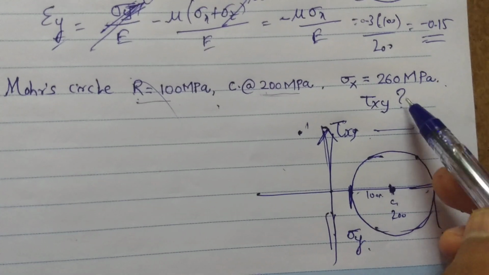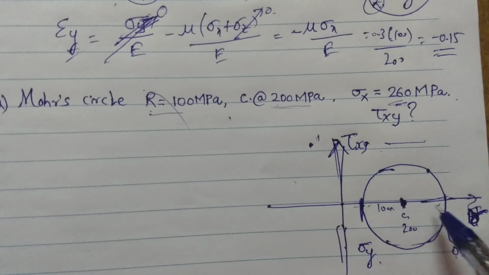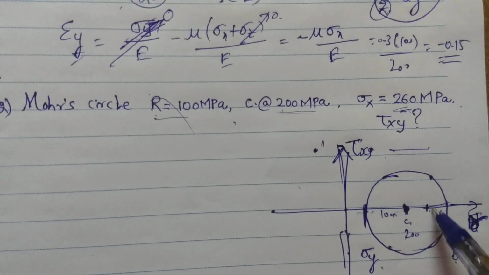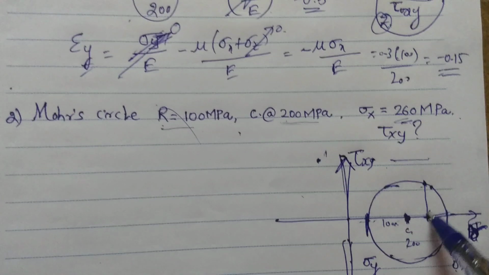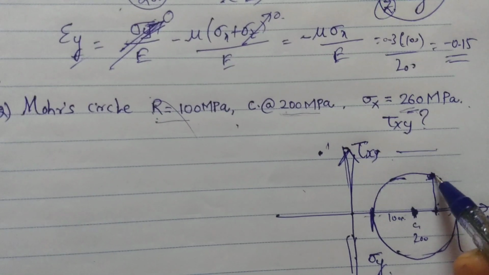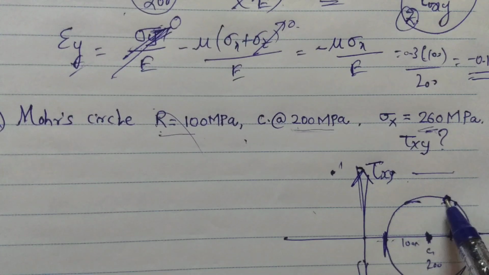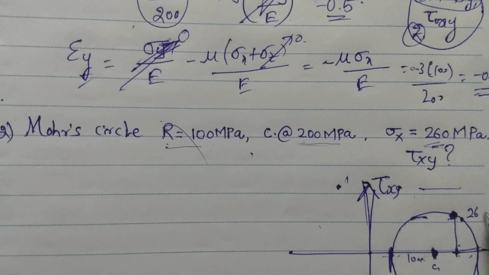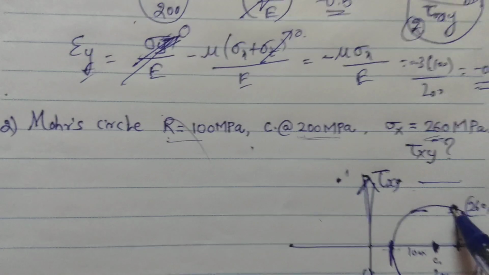And here a point is taken whose normal stress component is 260 MPa. Till here it is 200, so somewhere here, 260. If we draw a point which touches the circumference of the Mohr circle, here is the point which is mentioned in the problem. The state of this point is where the normal stress is 260 MPa and we need to find the shear stress at this point.